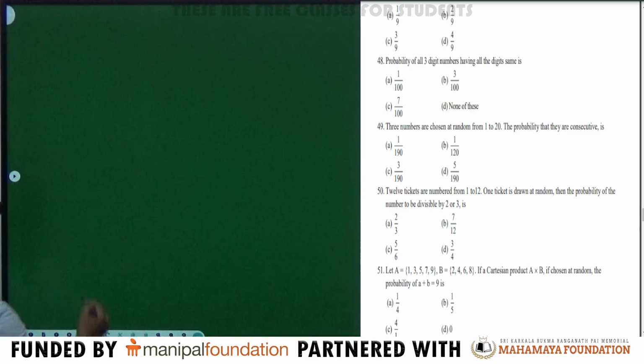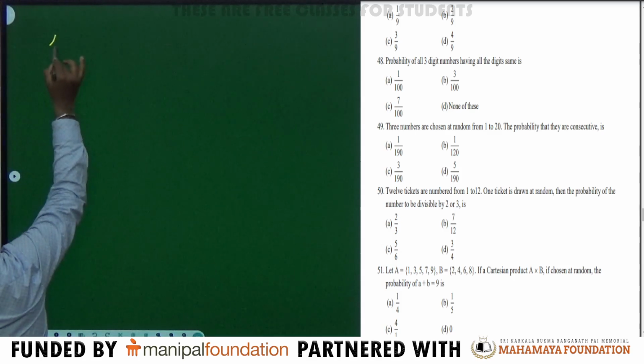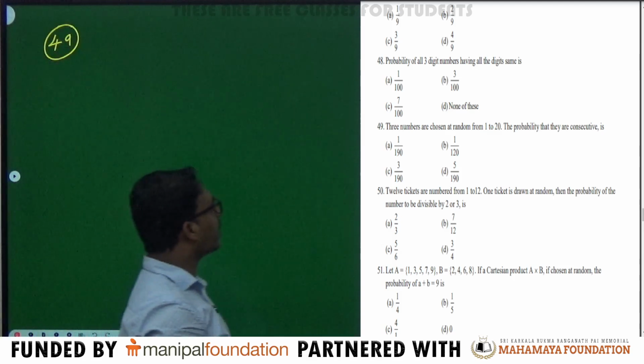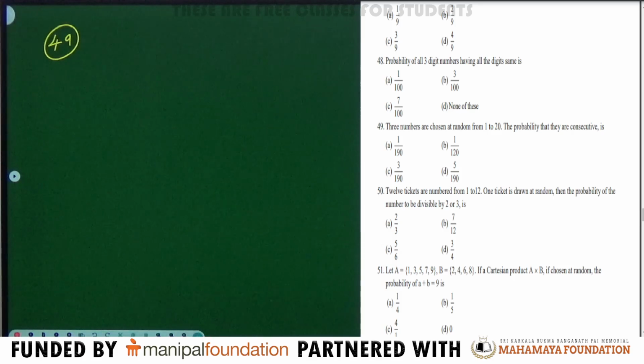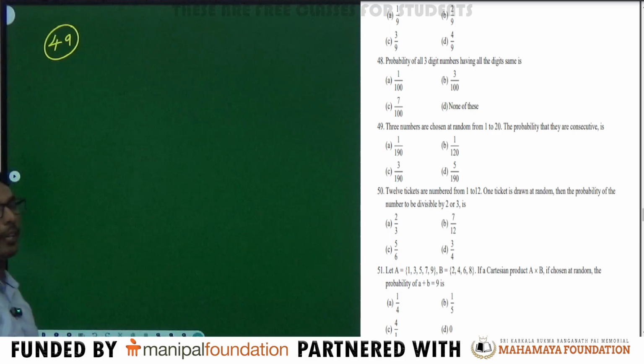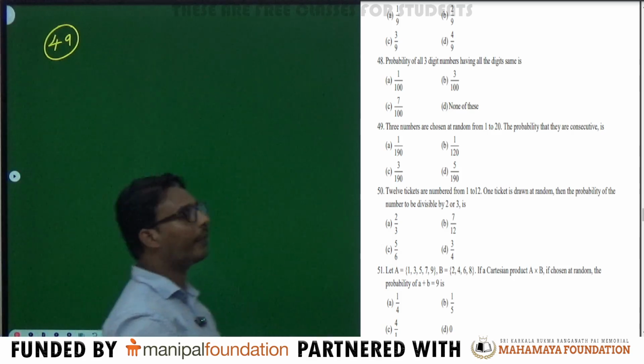Question number 49. Three numbers are chosen at random from 1 to 20. The probability that they are consecutive is. So, here, how many ways can we select three numbers from 1 to 20?